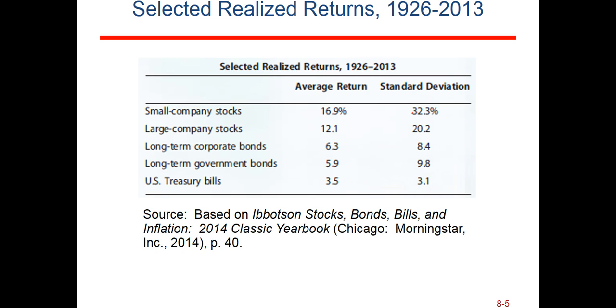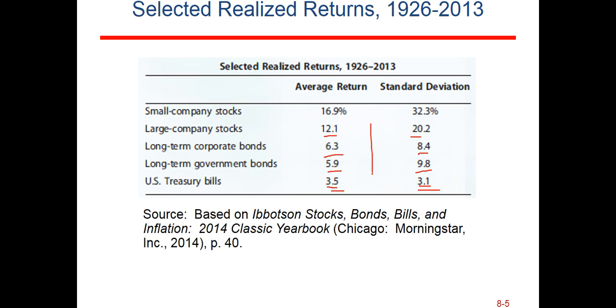When we look at empirical data from 1926 to 2013, we are going to see that the average return of US Treasury bills is the lowest, but at the same time the standard deviation of these Treasury bills is lowest too. So low risk, low return. And then as we go higher, we see that the average return increases as the standard deviation increases.